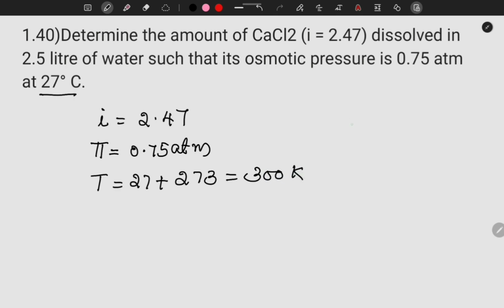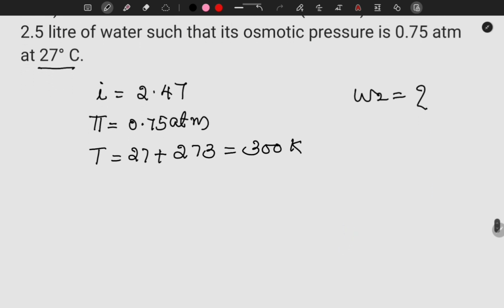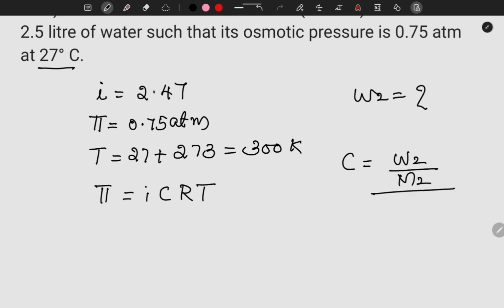Now we have to calculate the mass of solute. So we know the formula, pi, the osmotic pressure, is equal to i into Van't Hoff factor into molarity into R into T. Here C is equal to molarity, that is number of moles of solute, that is mass by molar mass, divided by volume of solution in liters.